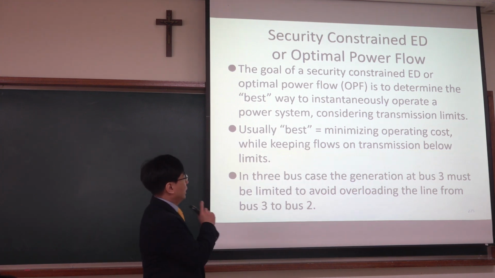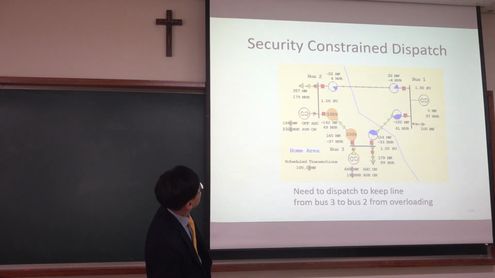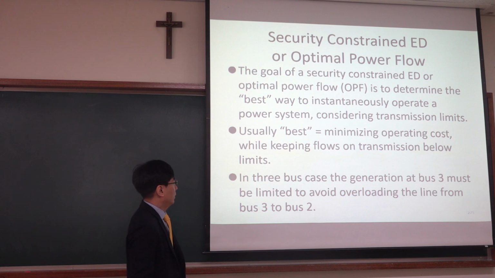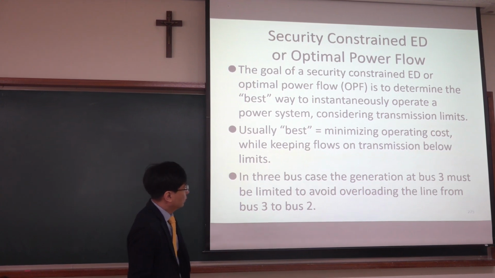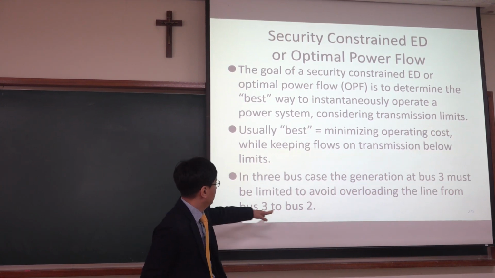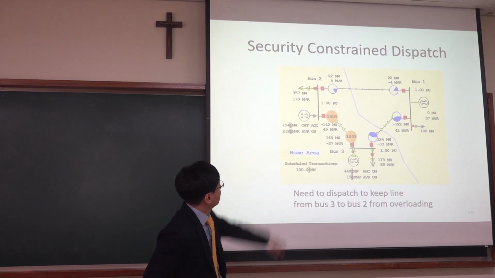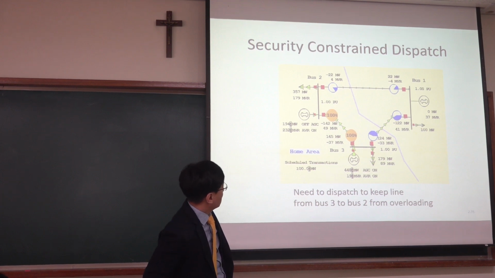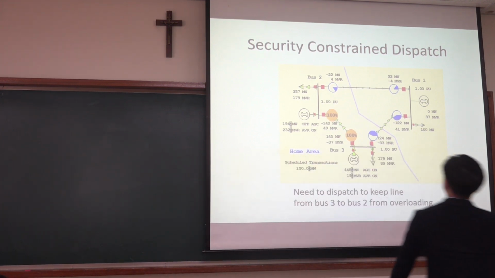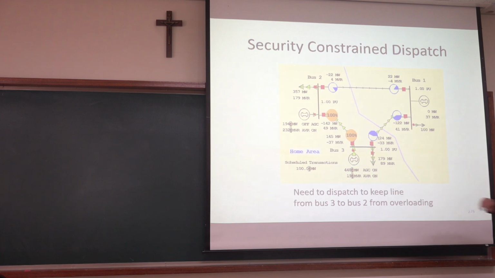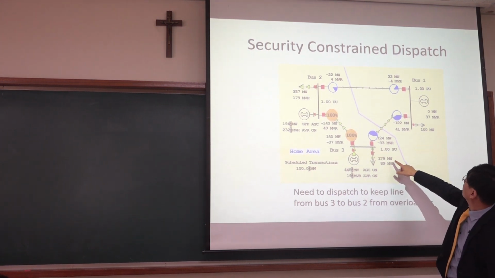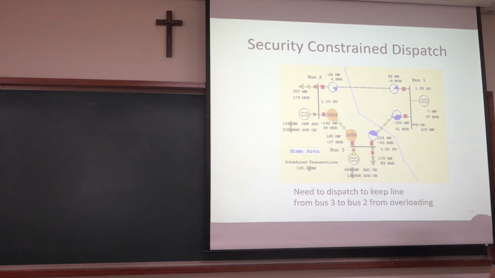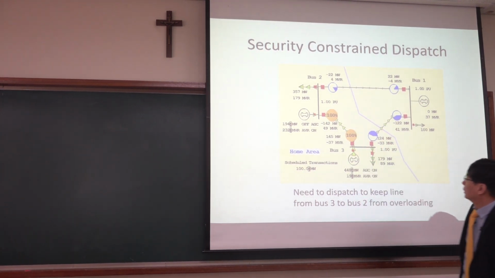So usually best means minimizing operating cost while keeping flows on transmission below its limits. And in the 3-bus case, the generator at bus 3 must be limited to avoid overloading the line from bus 3 to bus 2. Let's see, bus 3, bus 2, security constraint economic dispatch. So, a load, another load, and this is congested.